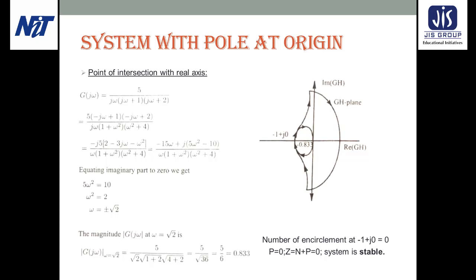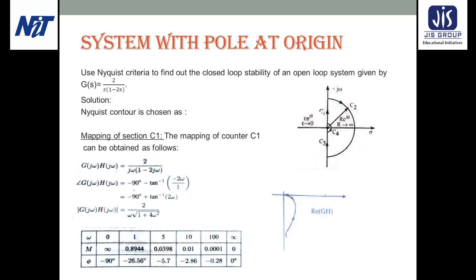So let us take another example. Here the system has a pole at origin and we need to find out the closed loop system stability of the given open loop system G(s) equal to 2 divided by s into (1 minus 2s).